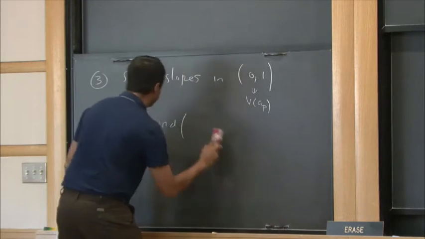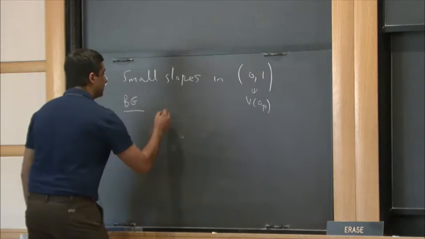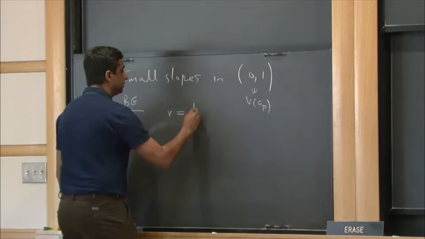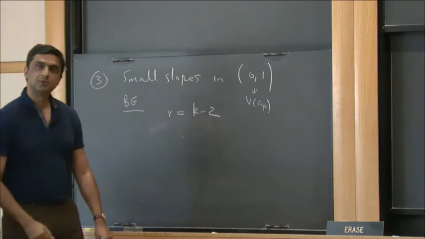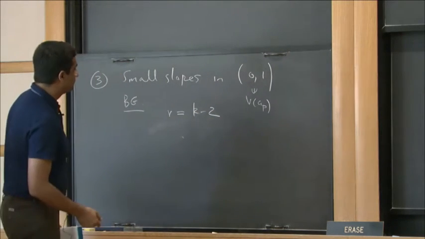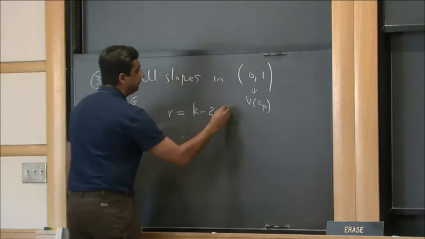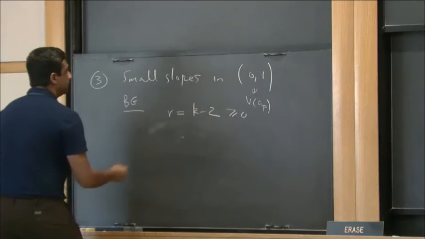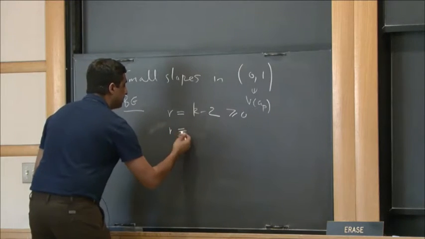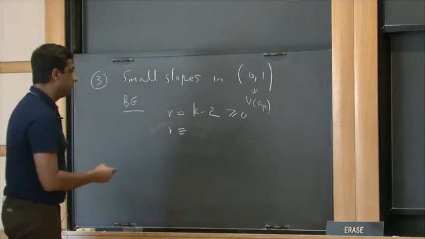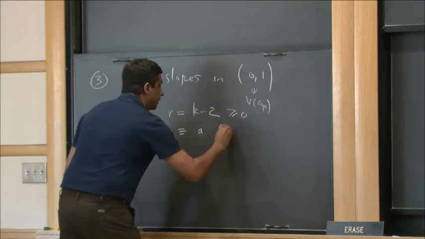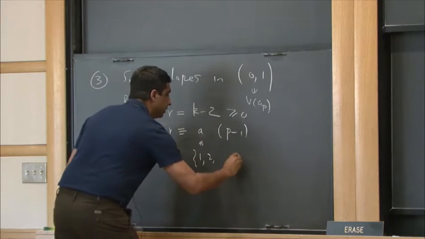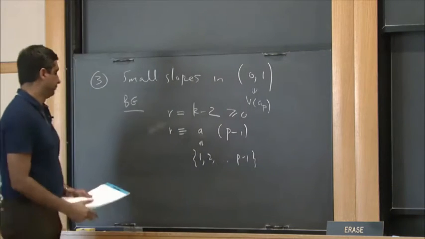So need a bit of notation. Instead of the weight k, this number k minus 2 seems to appear in the subject everywhere. So it's good to have a letter for it. So let's call it r. So the answer depends on the congruence class of r mod p minus 1. And the set of representatives they fix are in this range.